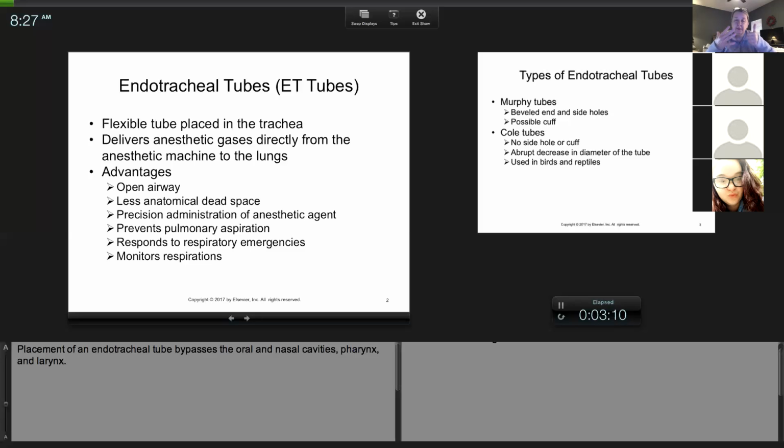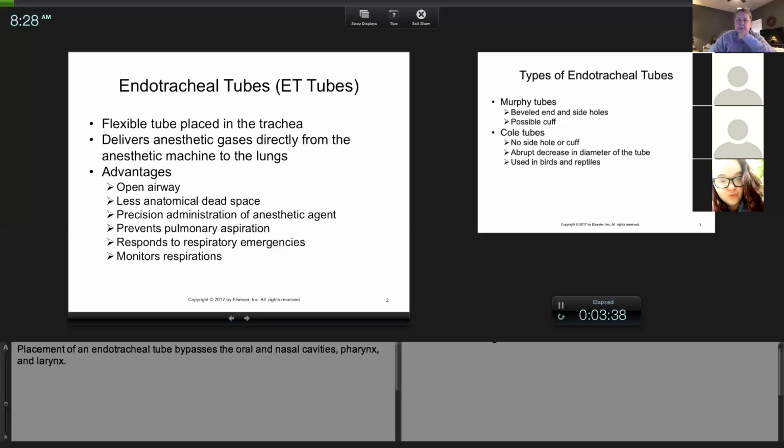If you intubate, I bypass the nares, nasal passages, pharynx, and larynx, and you bring it all the way to the bifurcation of the trachea. So do you see how I've taken away all those areas of dead space and I'm bringing the anesthetic closer? And this is a perfect test question: why do we intubate?